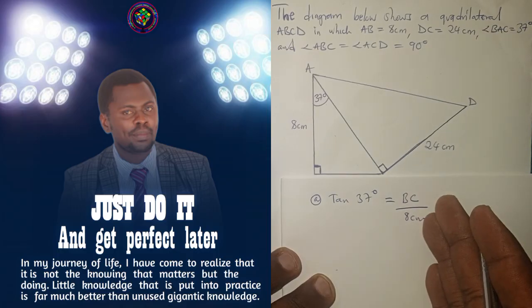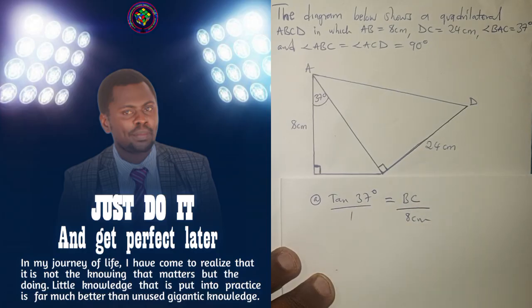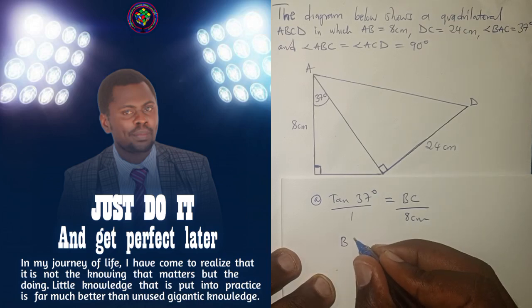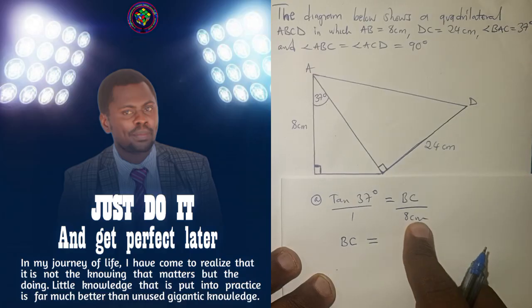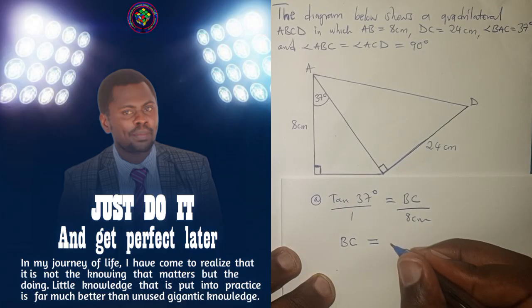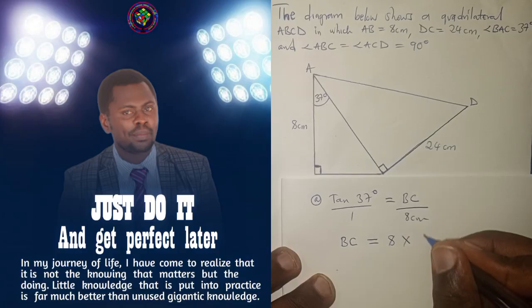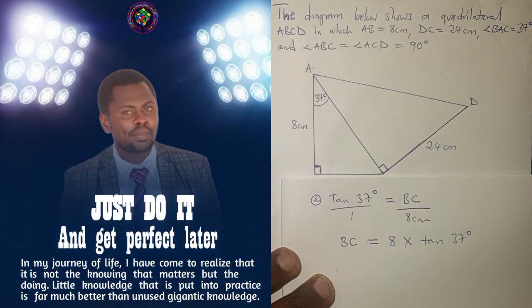Here we have a fraction, and this side is supposed to be a fraction too, so you say over 1. Then you cross multiply: 1 multiplied by BC gives BC is equal to 8 centimeters multiplied by tan 37 degrees. So we have 8 times tan 37 degrees.